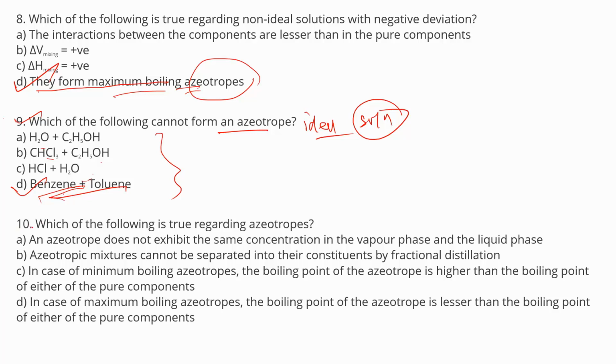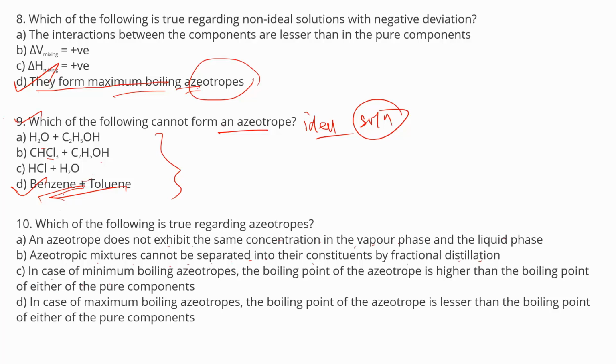Now, which of the following is true regarding azeotropes? First option: an azeotrope does not exhibit the same concentration in the vapor phase and the liquid phase. Second: an azeotropic mixture cannot be separated into its constituents by fractional distillation.